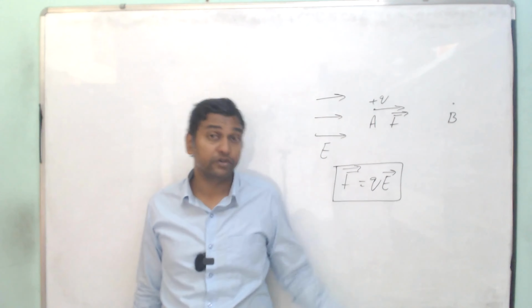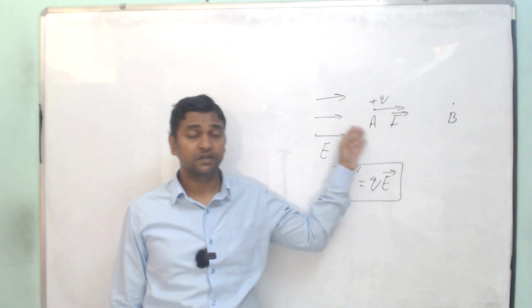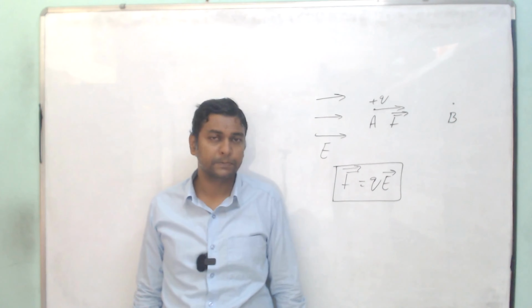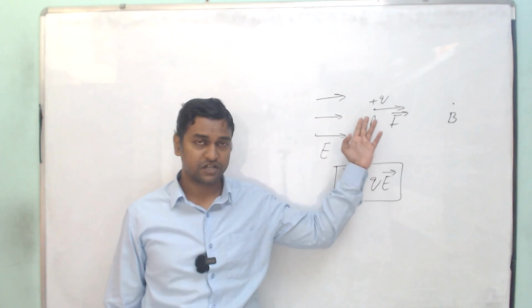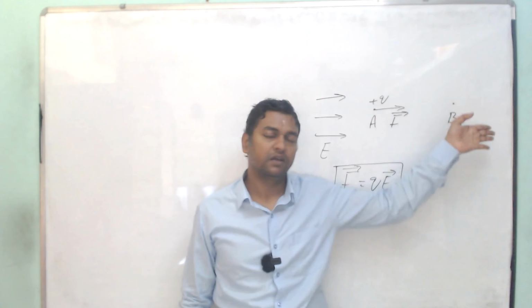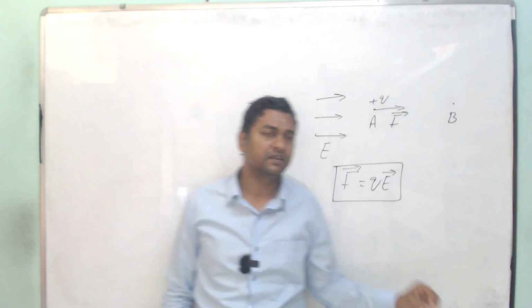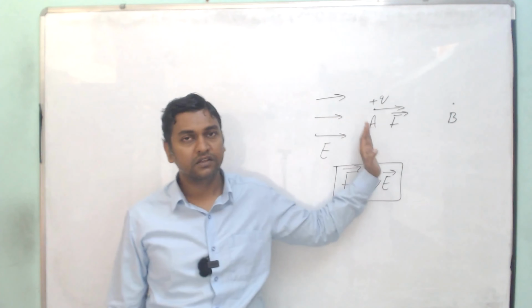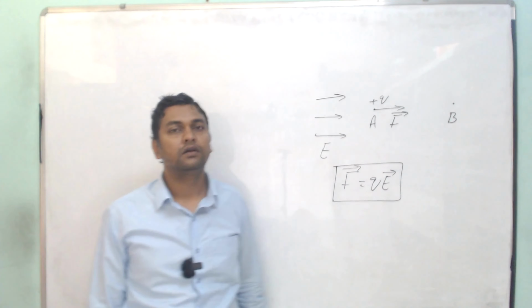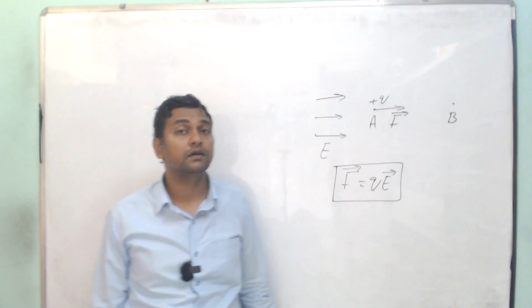Due to that force, there will be motion in the body. So the point charge will move from A left to right, and let us say that we are trying to study the motion of the body from A to B. It will do some work.